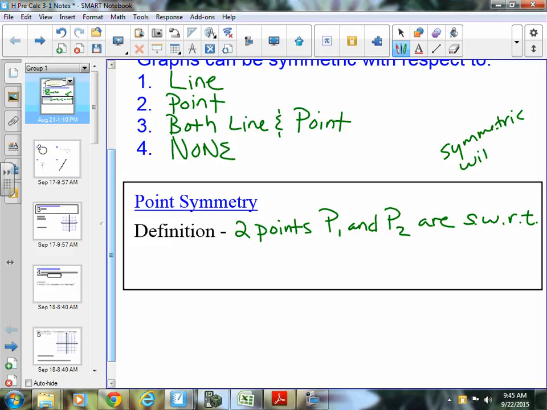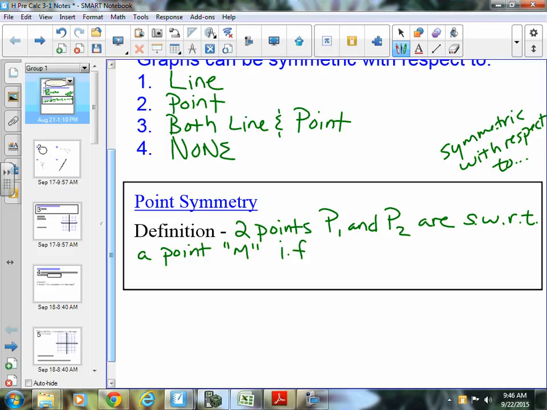You have to say symmetric with respect to something because you need to know, is it symmetric with respect to a line, a point, what line, what point? So they have a little bit better idea of what that graph means. So P1 and P2 are symmetric with respect to a point, and I'm going to call that point M. You're going to understand why it says M here in just a second.